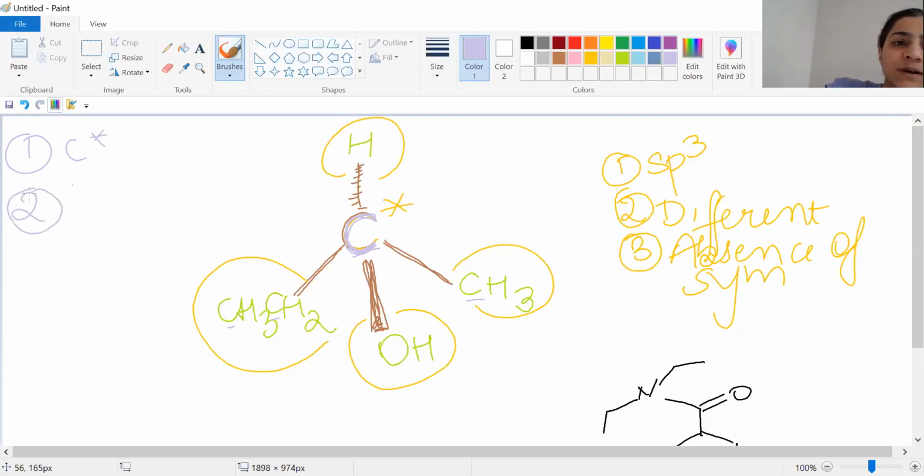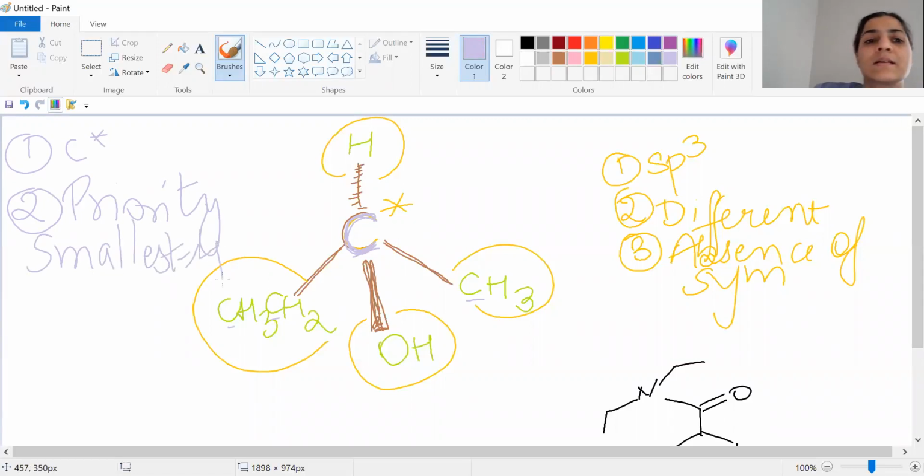We are now going to assign priority. The smallest group gets the priority of number 4. So how do we look at that? From the chiral carbon, you look at the first atom attached. Look at your periodic table and decide who has the highest atomic mass.